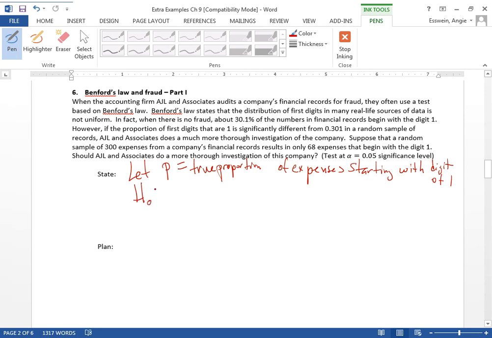Now H naught is going to be our statement of no difference, meaning that we're going to assume that the actual population proportion is about 30%. And what we would like to show is whether p is greater than or less than 30%.